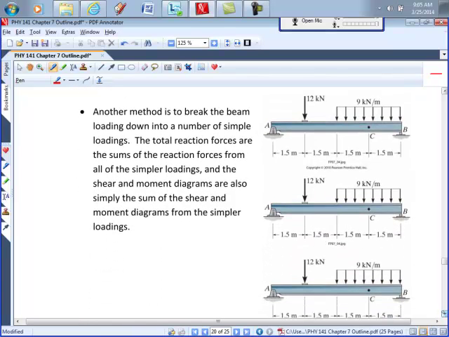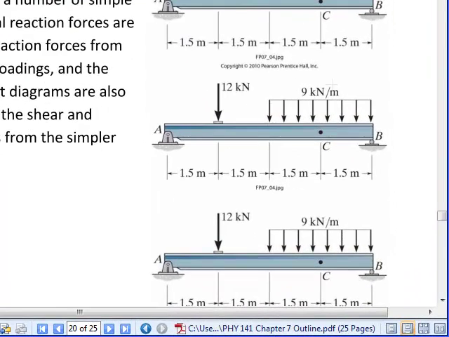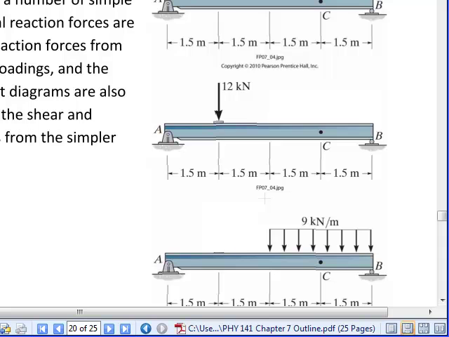Oop, and I forgot to blank out. So what we're going to do is we're going to take this loading. This beam has a point load at 1.5 meters, and then it has a distributed load between 3 and 6 meters. And we're going to replace that with two different beams. One of which only has a point load on it, and the other one only has a distributed load.